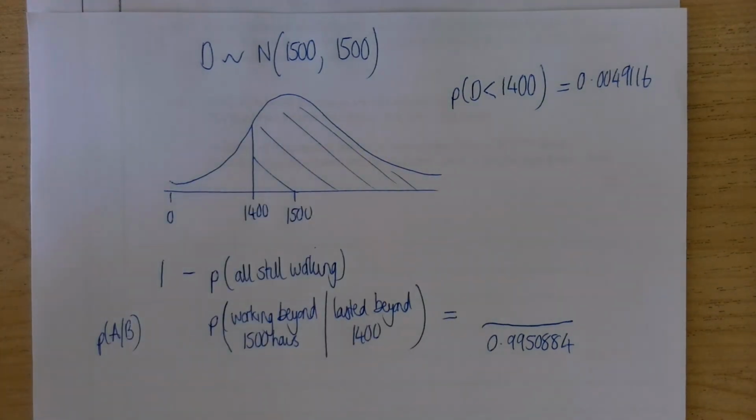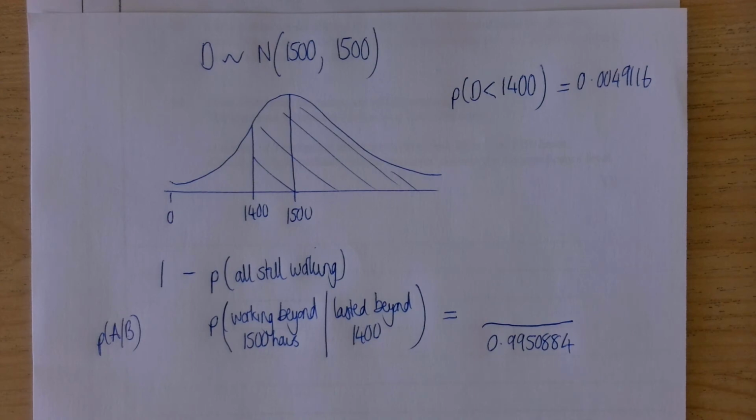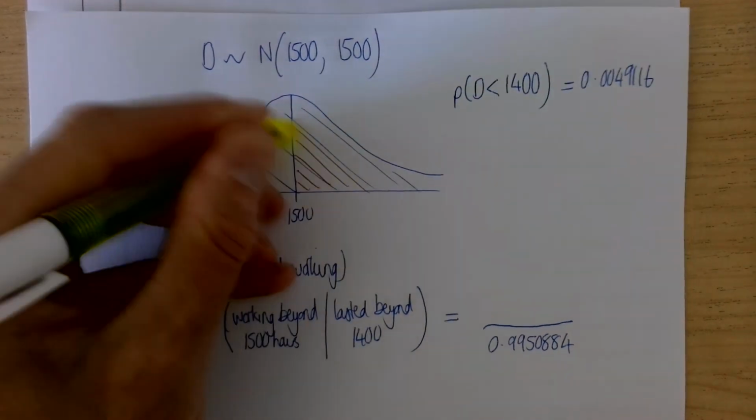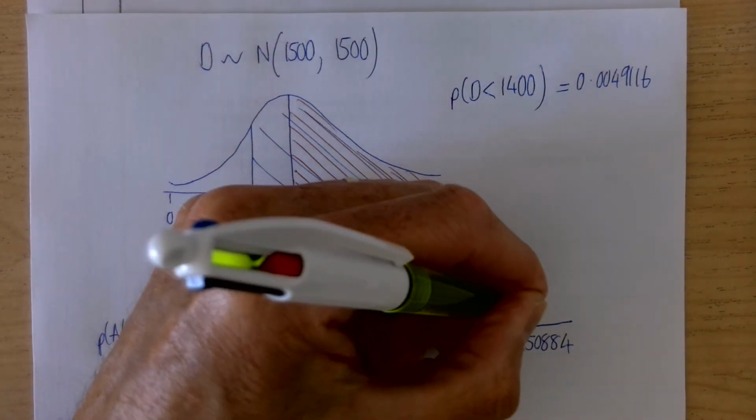That's the denominator. So the numerator is, and that's this probability here. Of that probability, what part of it is it working beyond 1500 hours? What's that? Probability that it works beyond 1500 hours? Don't need to work it out. 1500 is the mean, so I know that's a half.